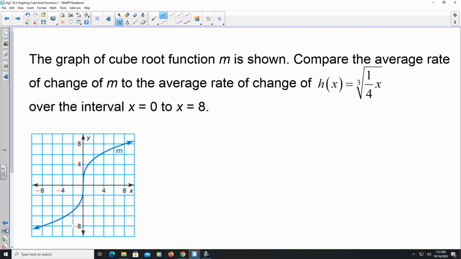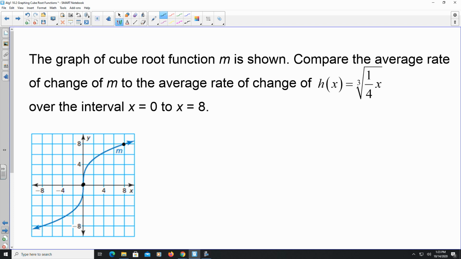The first thing you are going to do is calculate the average rate of change using points whose x-coordinates are 0 and 8. So if you look at x is 0, which is right here, and x is 8.